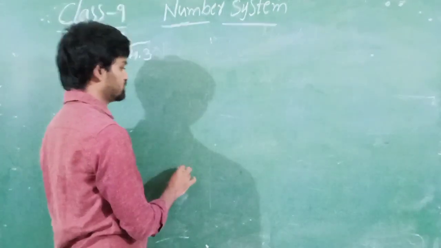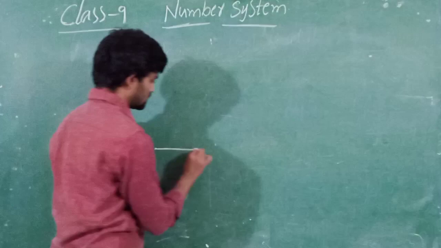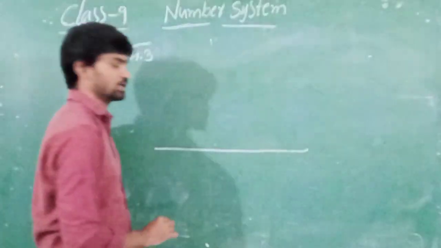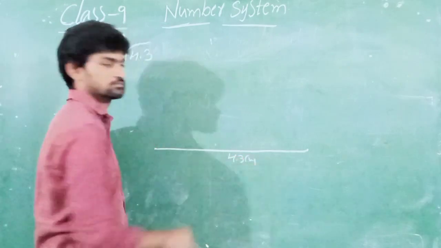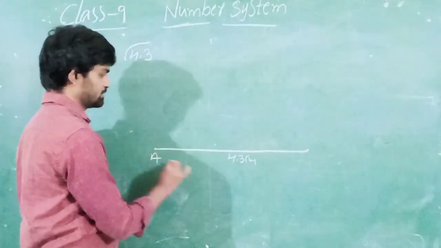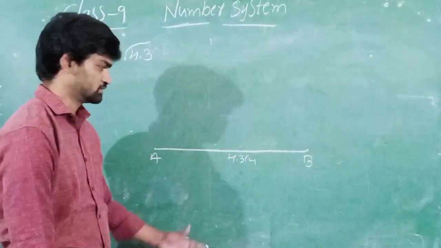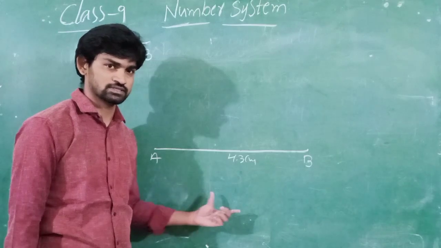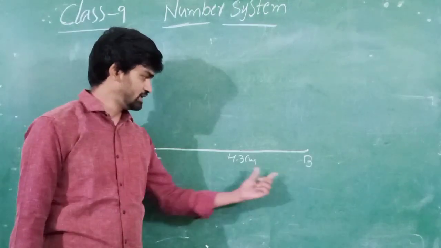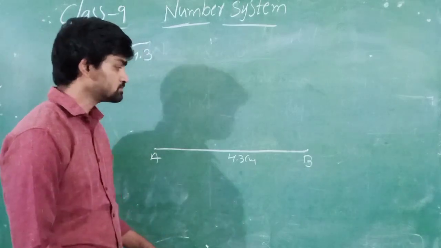Draw a line segment of 4.3 centimeters. Name it as AB. Did you draw? Everyone is drawing now. If anyone is not drawing, please do it. AB is 4.3 centimeter. Okay.